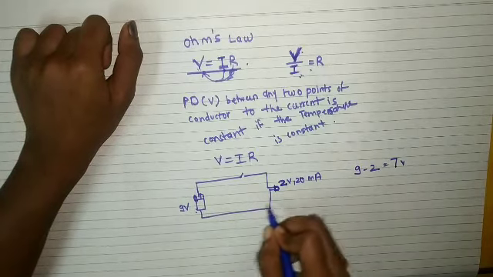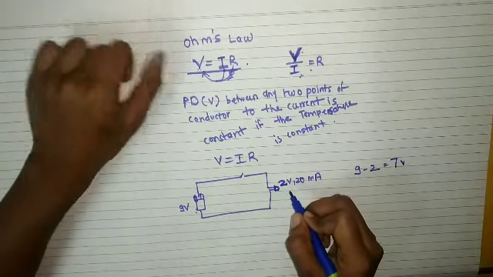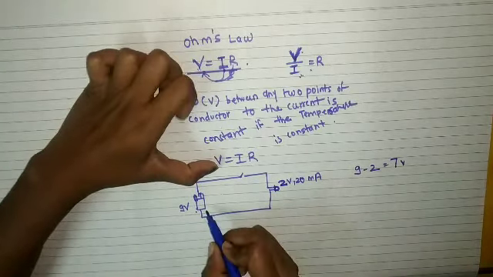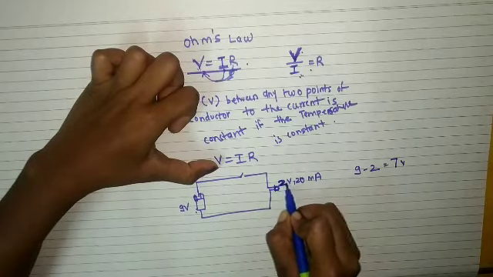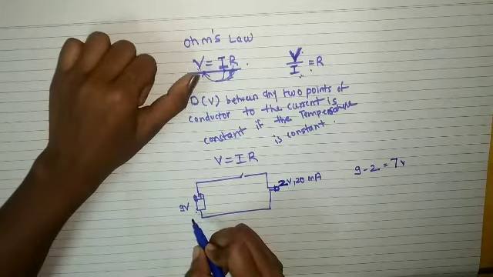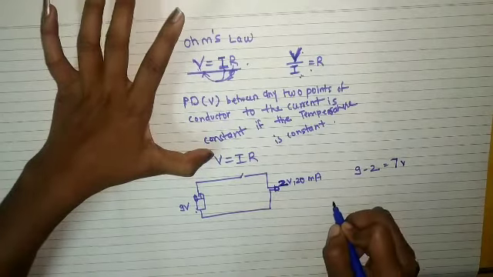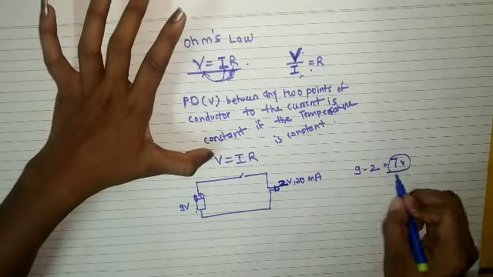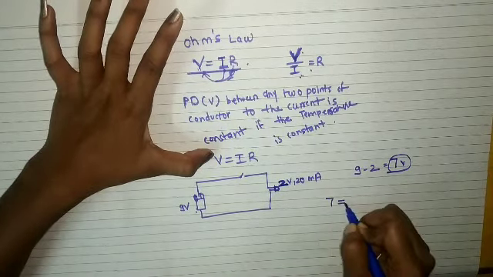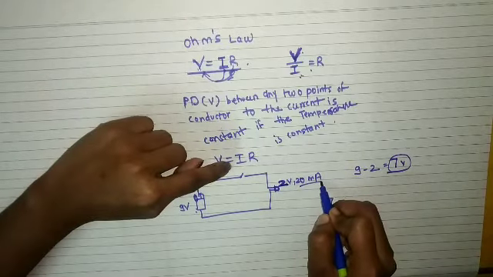Now we have to give the proper rating here. From this equation, our V is 7, and the current given is 20 milliampere.